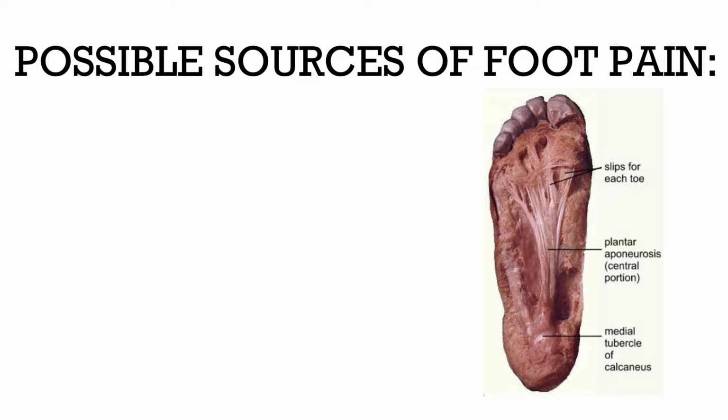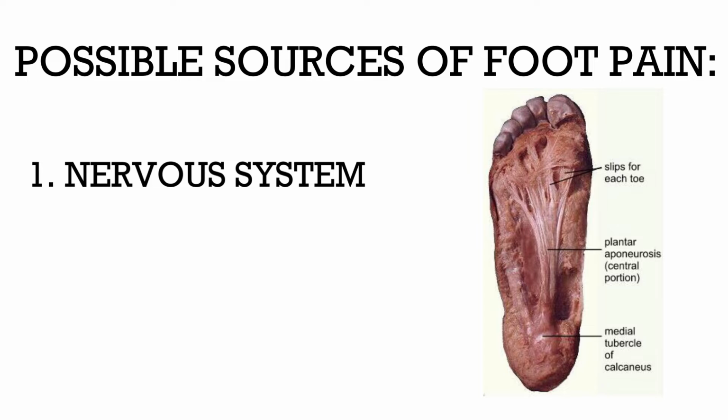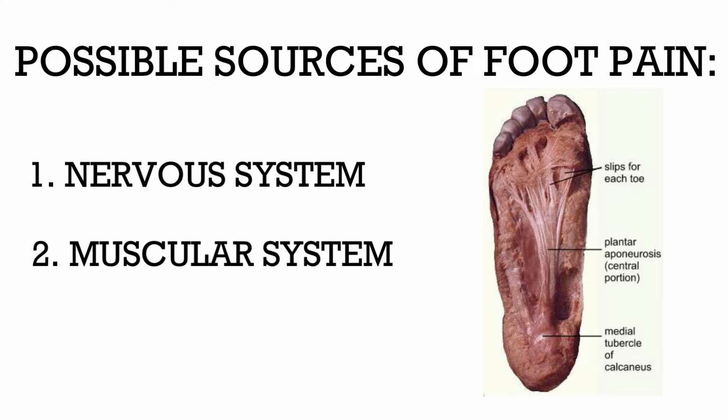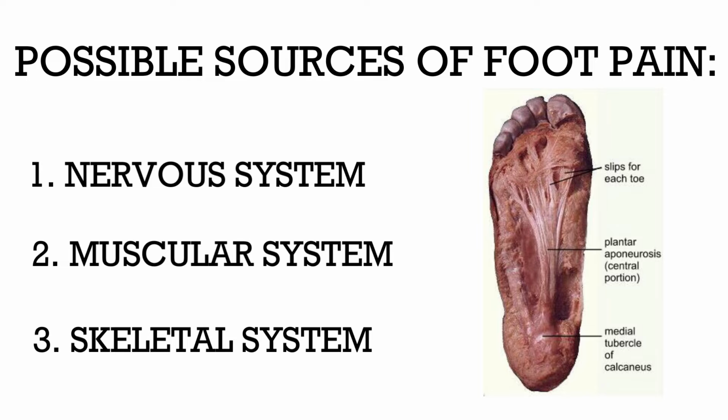So what we're going to do in this video series is we're gonna divide it into three systems of the body. One is the neurological system of the body, second would be the muscular and soft tissue system of the body, and the third one is going to be the skeletal system of the body.